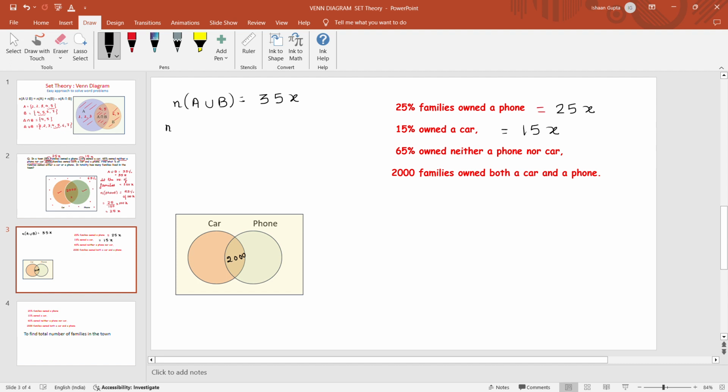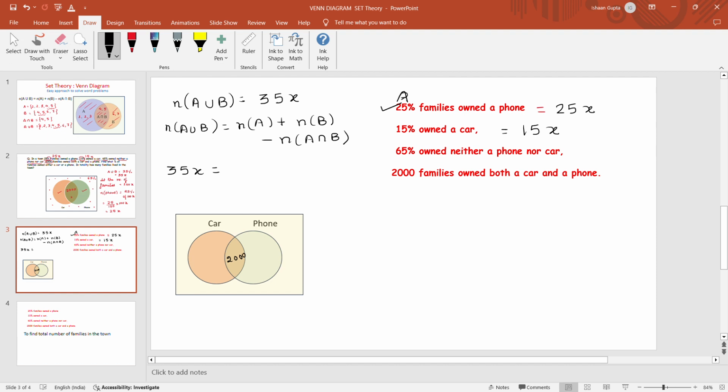And when we use the formula for A union B as we had seen earlier, it is the number of elements of A plus the number of elements of B minus the number of elements common to both. While filling in the values, I can fill in 35x on the left hand side. Suppose we call phone set A, and car is on this side.